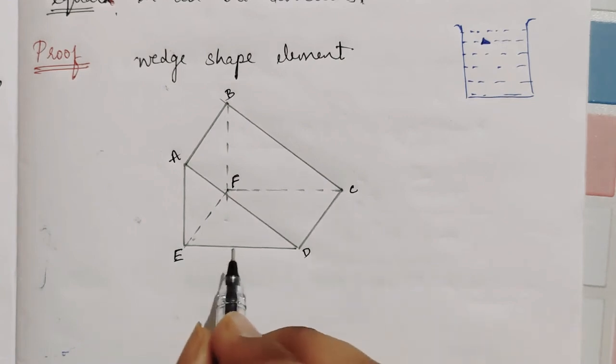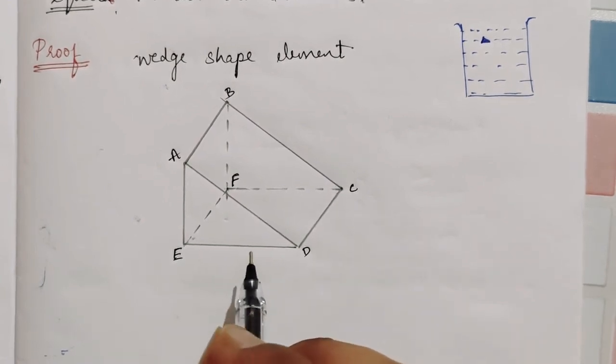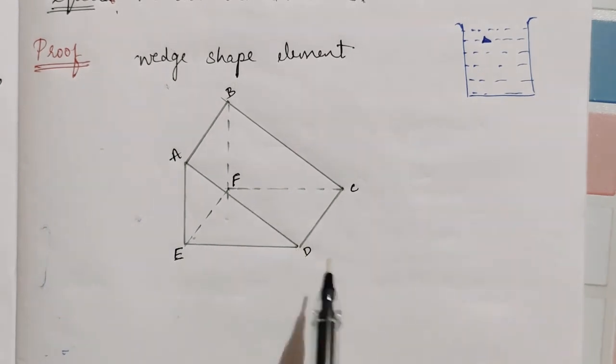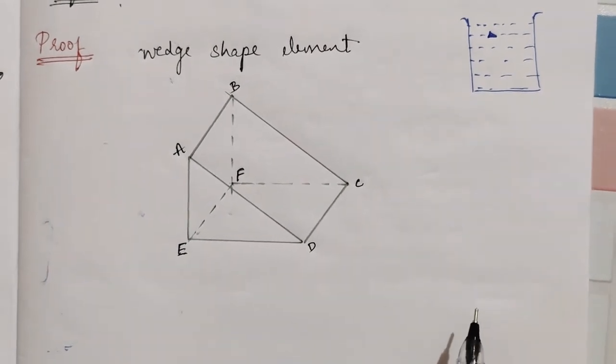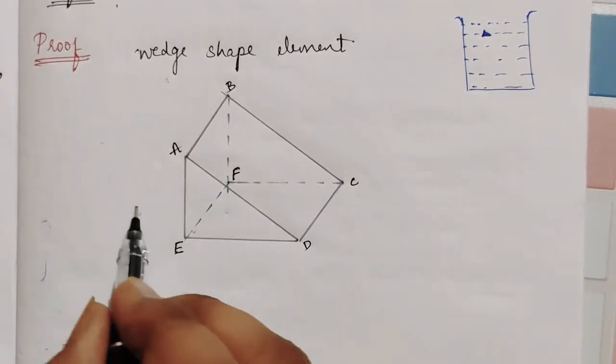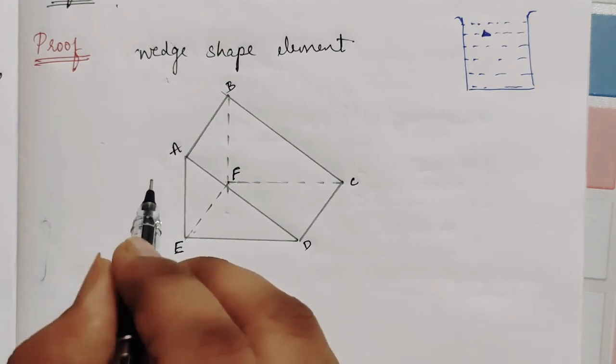Next, what is remaining? Yes, the other face is E, F, C, D. This is in the X direction. So I took a 3D element, and I can show it in 3D.